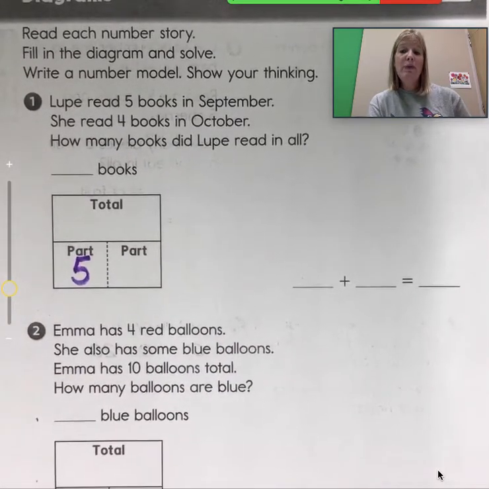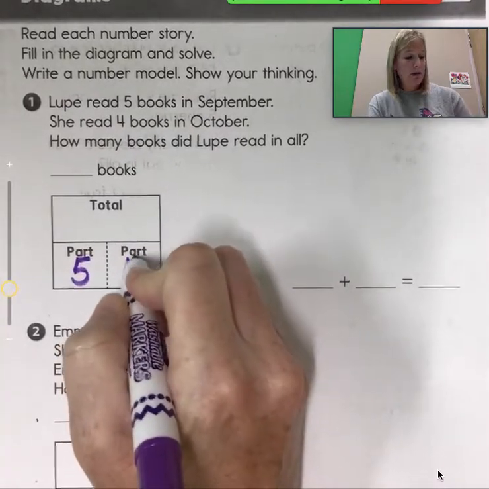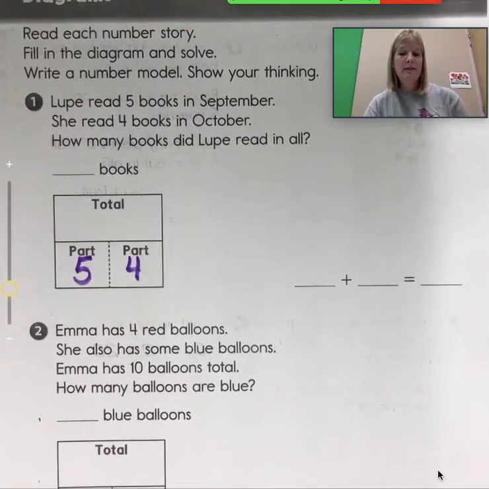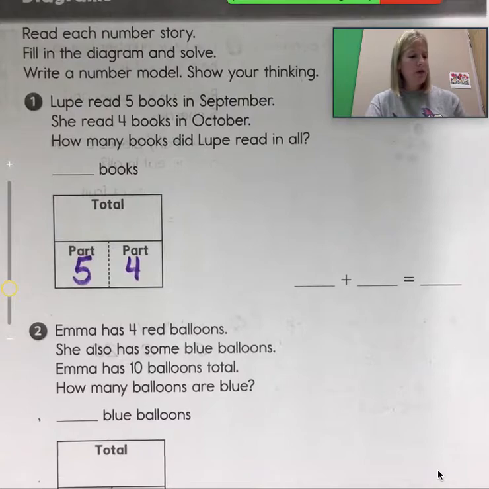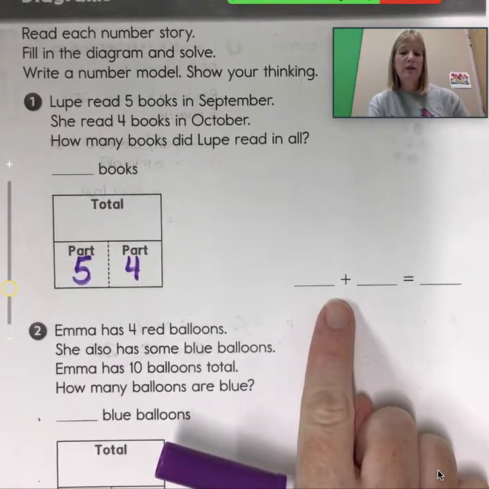And she read 4 books in October, that's a part. Do we know our total yet? Or do we have to do some math to figure that out? How am I going to figure that out? I see a number sentence down here. Go ahead and fill in your number sentence, first graders.